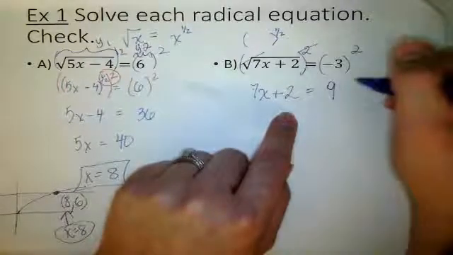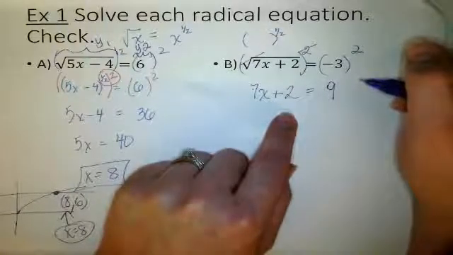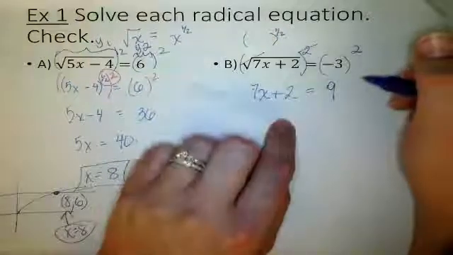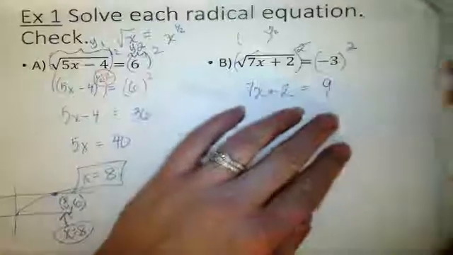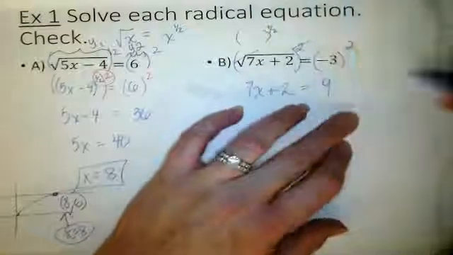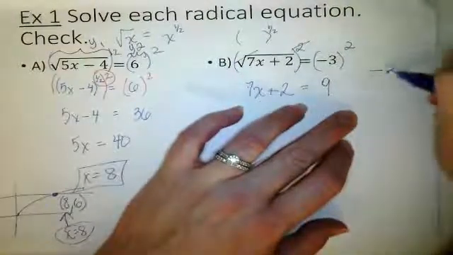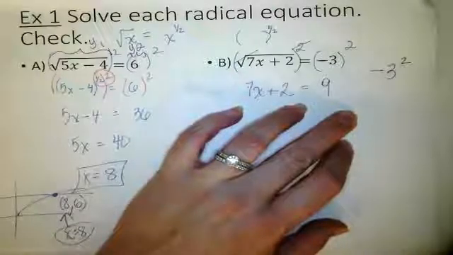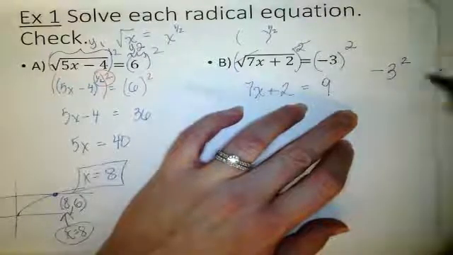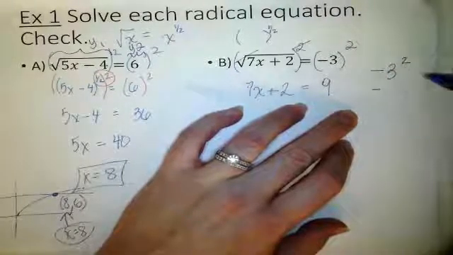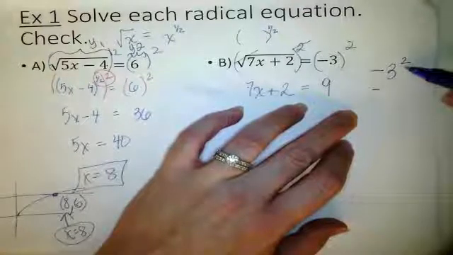Did you use parentheses? No, but I made it a negative. Ladies and gentlemen, oh my goodness. -3 squared means what? Negative 9? No. What's being repeated?